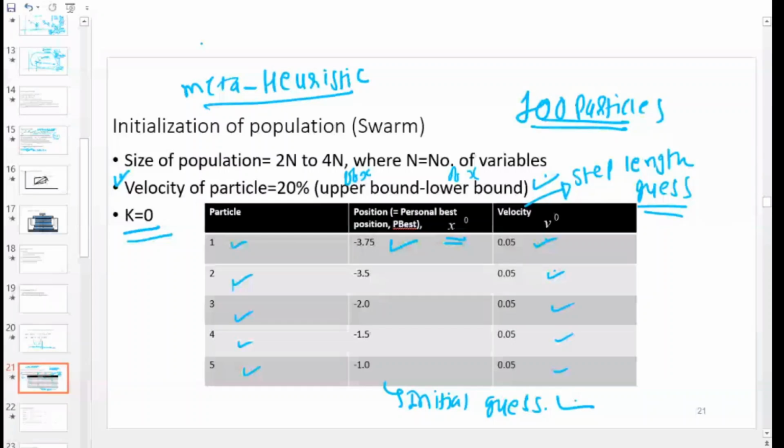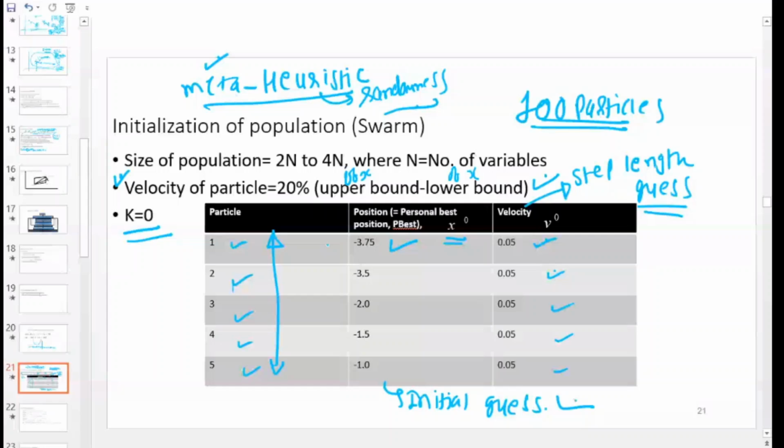Meta means many. We are creating many particles, so that is the meaning of meta. And heuristic, because we are introducing the concept of randomness. So PSO, genetic algorithm, and artificial bee colony methods are all called metaheuristic methods.